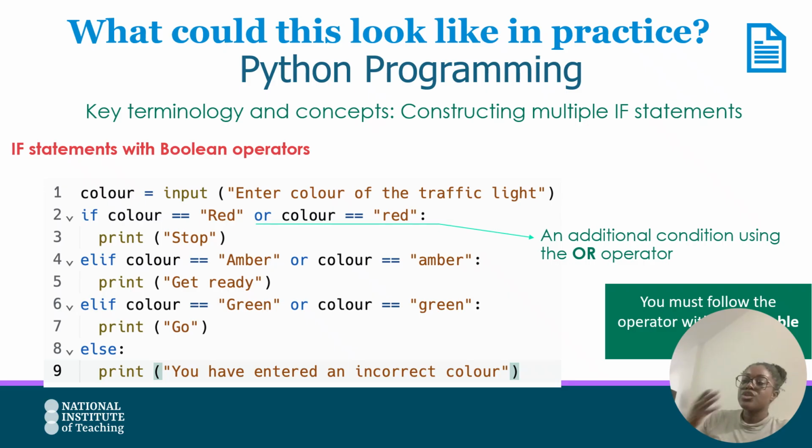So one of the things that you often want to be introducing to students once you've shown them what those Boolean operators are is the ability to do something like this. So what would be the benefit of me doing this? What might be a drawback? And often students will say, well, actually, someone might use an uppercase or they might use a lowercase at the start of red. So actually, this might be a better version.